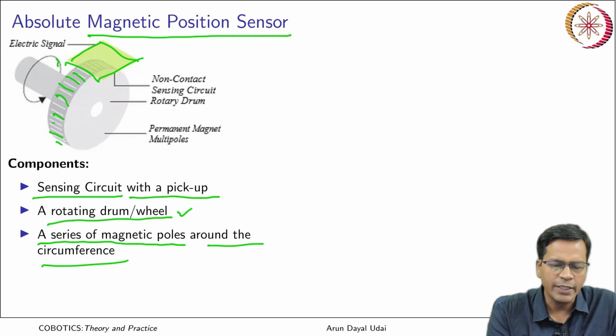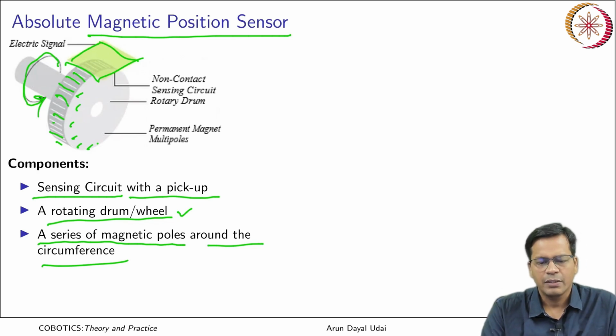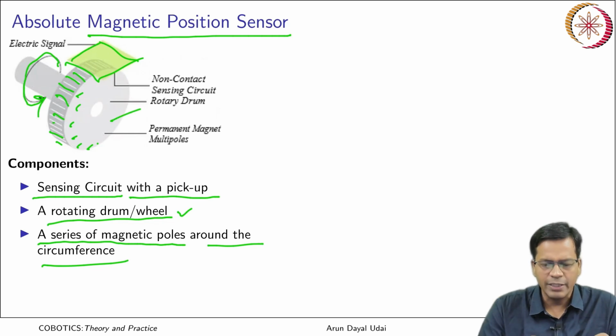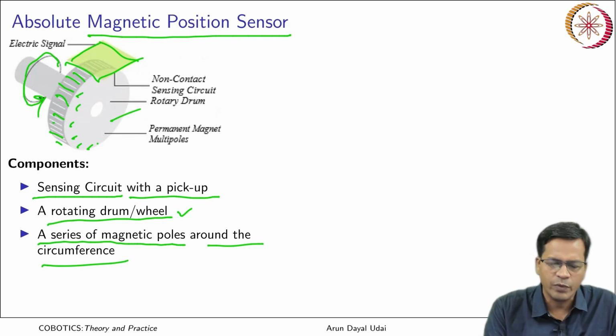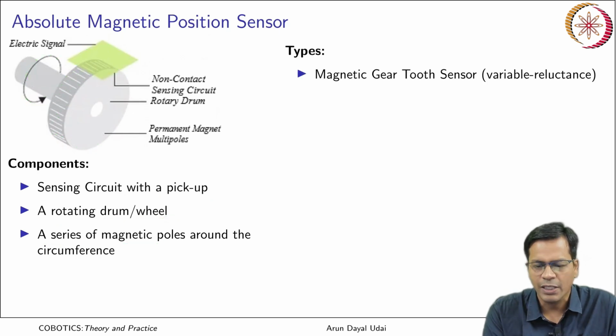When it rotates, the sensing circuit picks up the count of how many such magnetic poles have passed by. With that it can detect the angular position of such shafts. This can also be arranged in a linear way and you can detect the displacement. These are a few types.